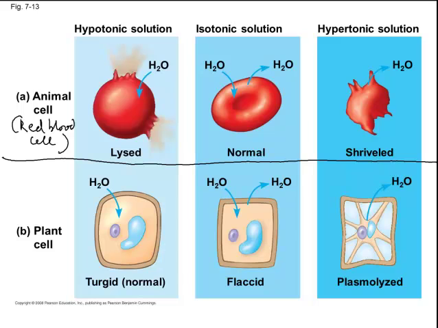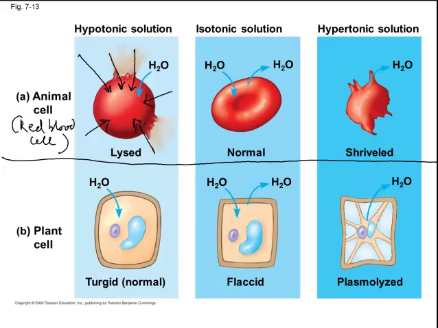So if the RBC is kept in a hypotonic solution, water keeps going in, because outside the solute concentration is less but free water is more. So greater concentration of free water, the water keeps going in, so it causes it to swell up like a balloon till it can no longer swell and it bursts.